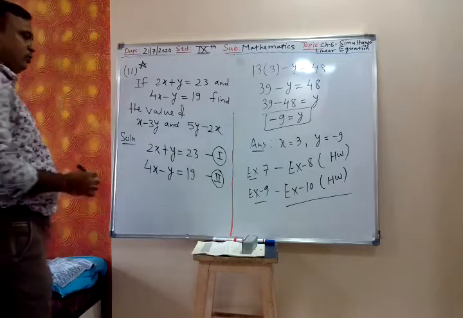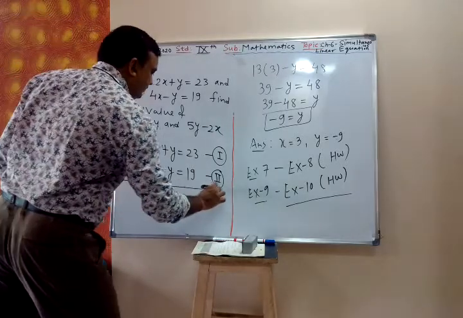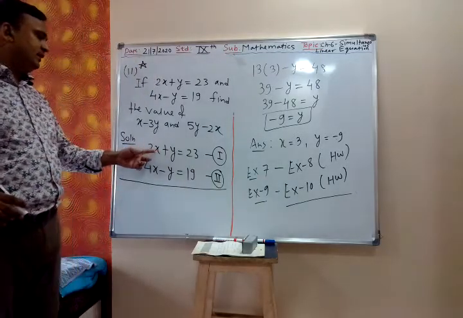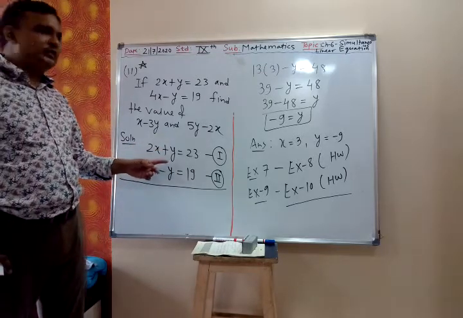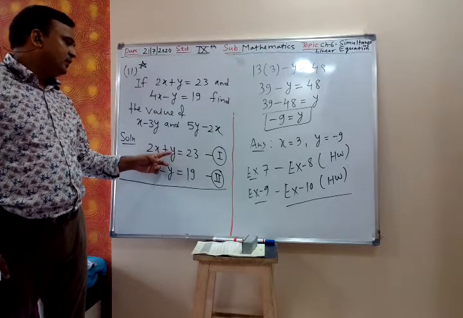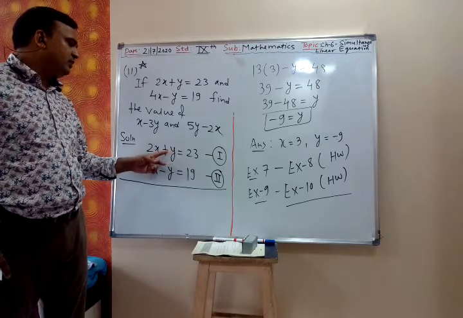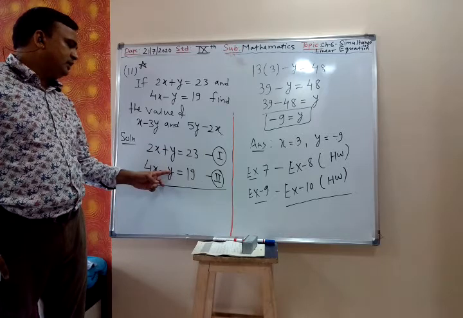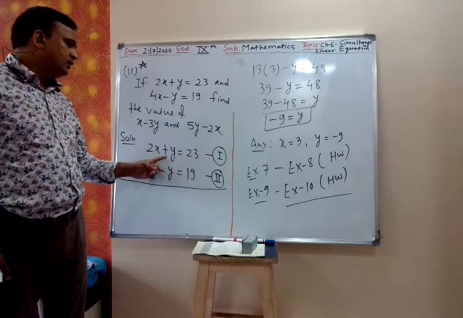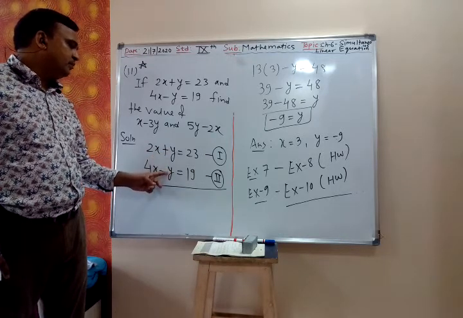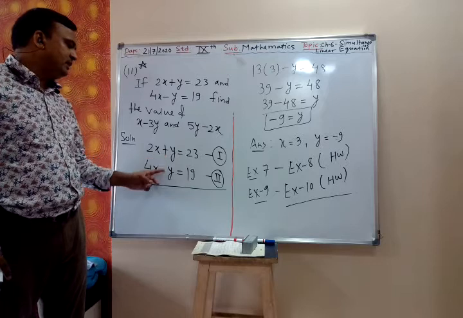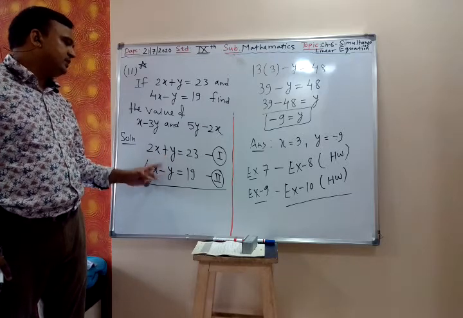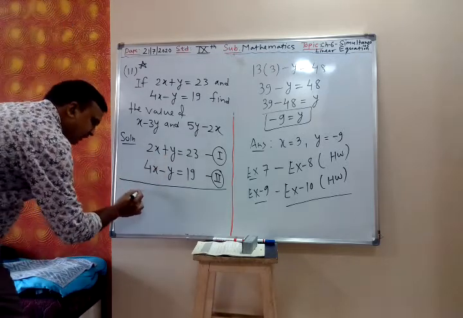Now by equating coefficients, either you have to make the coefficient of x equal or the coefficient of y equal. What is the coefficient of y in equation 1? 1. In equation 2? 1. So coefficients are equal and they have opposite signs, plus and minus. So I will add equation 1 and 2.